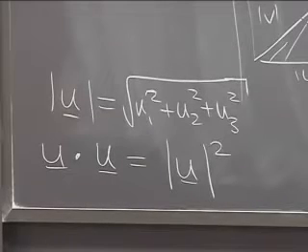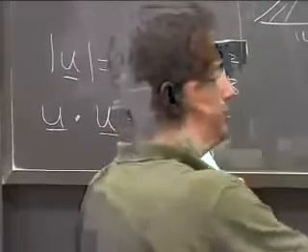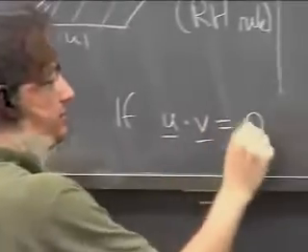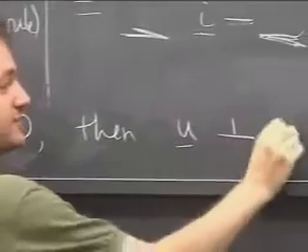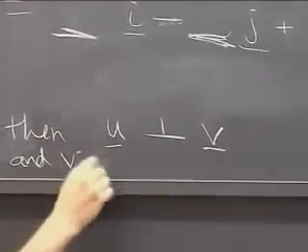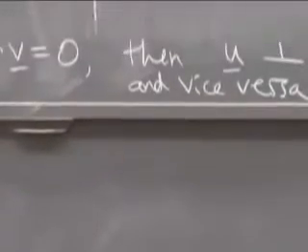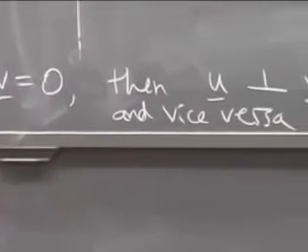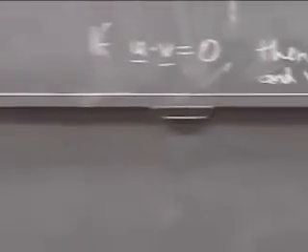Maybe I'll just write it down. If U dot V equals 0, then U is perpendicular as a vector to V, and vice versa. So that's pretty important. That's how we're going to tell when two things are at right angles. We'll take their dot product and we'll find that it's 0. Then we'll know they're at right angles.